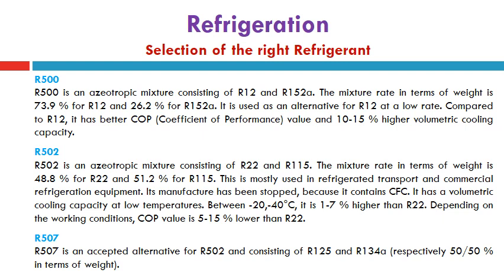Depending on the working conditions, COP values are 5 to 15% lower than R22, which was the most recommended before it was banned by the European Community and the Montreal Protocol on this subject.